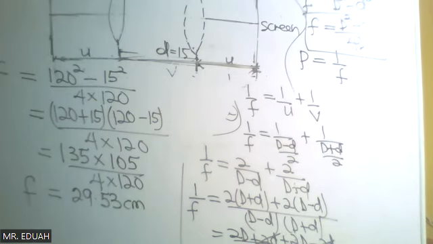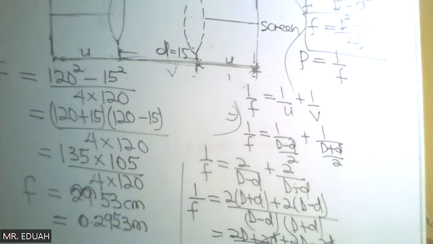29.53 centimeter. But the power of a lens is expressed in diopters. And to express the power of a lens in diopters, it means that the focal length must be expressed in meter. So we change 29.53 centimeter to meter, and we have to divide by 100. So 0.2953 meter.